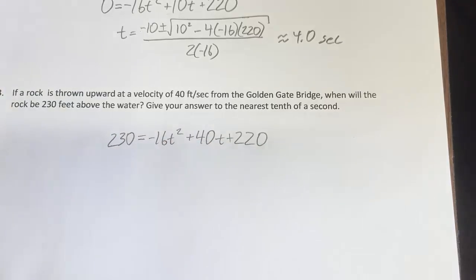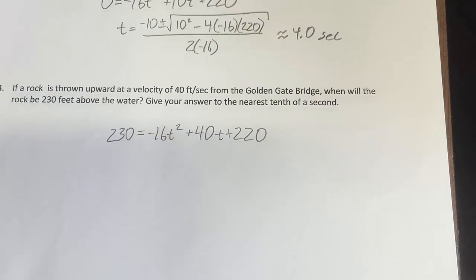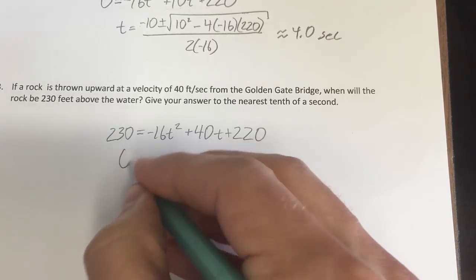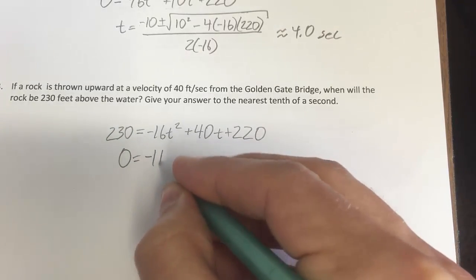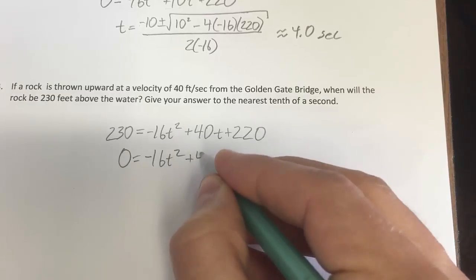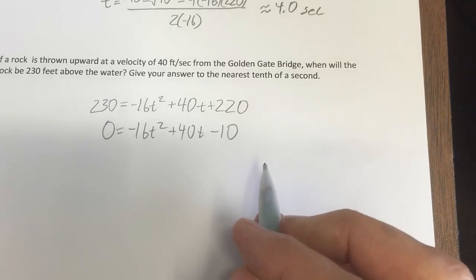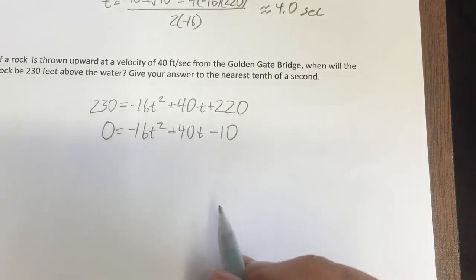I'm setting it equal to 230. How do you solve this? Well, you subtract 230 from both sides. Now you can use the quadratic formula again, or you can factor.